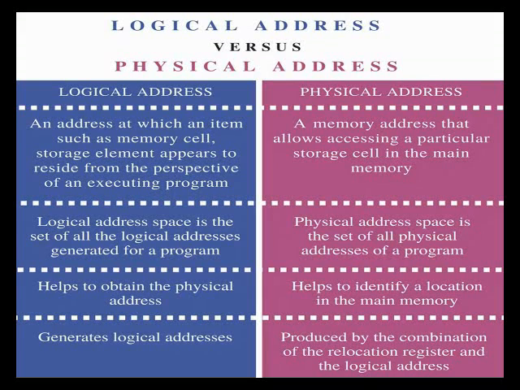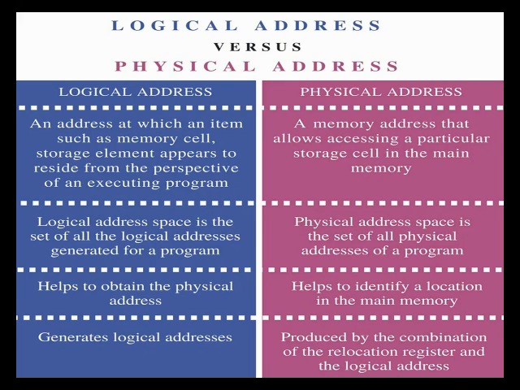And the physical address is a memory address that allows accessing a particular storage cell in the main memory. The logical address space is the set of all the logical addresses generated for a program, and the physical address space is the set of all physical addresses of a program.